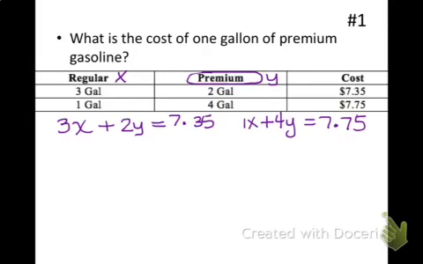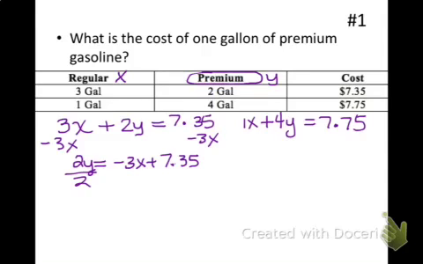Okay. So next thing we want to do is we want to solve for Y. Please make sure that you divide everything by 2.